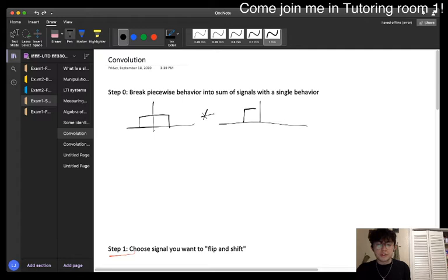So this is going to be 1 from negative 1 to 0, and then this is 1 minus t. So my advice would be to not do this one directly. What we'll want to do is, oh, this is the unit rectangle, just to be clear.